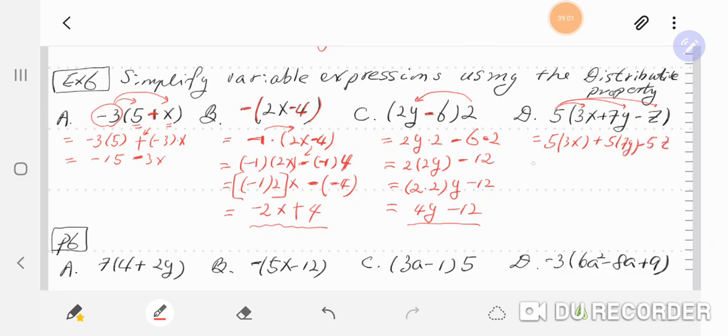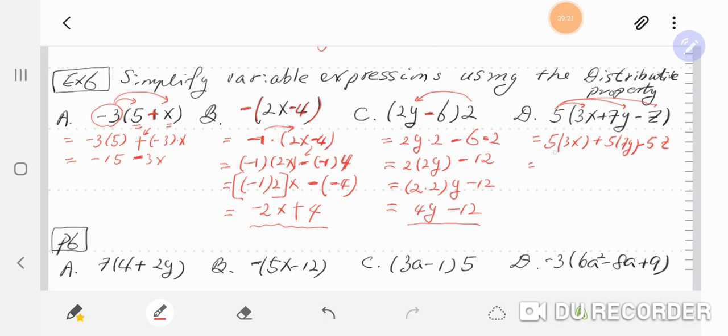So that is equal to 15x, plus 5 times 7 is, okay, let me write one more time, because we don't want to skip the step, because we want to apply the distribution property.